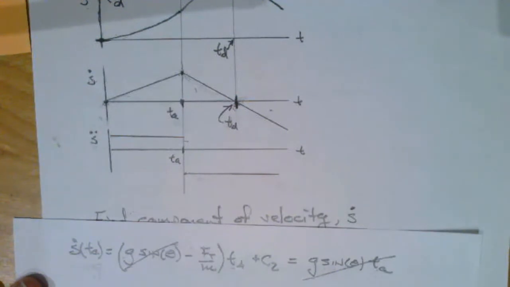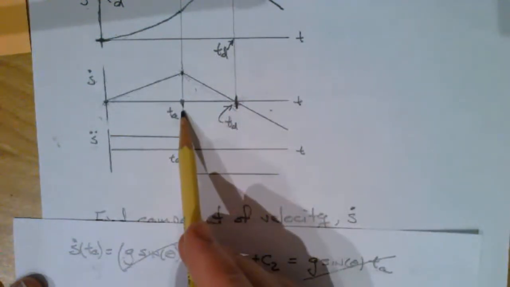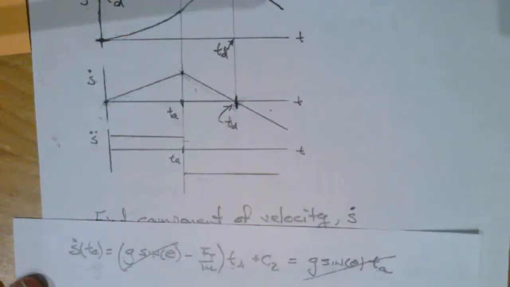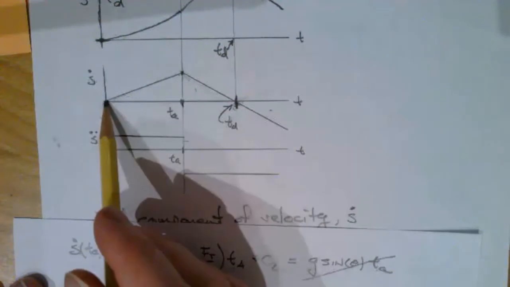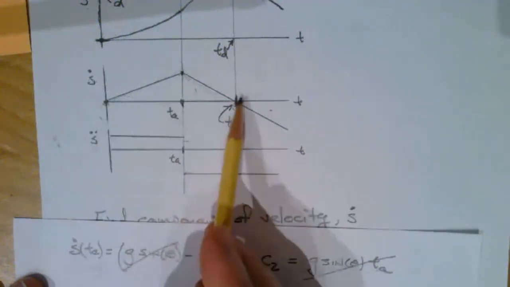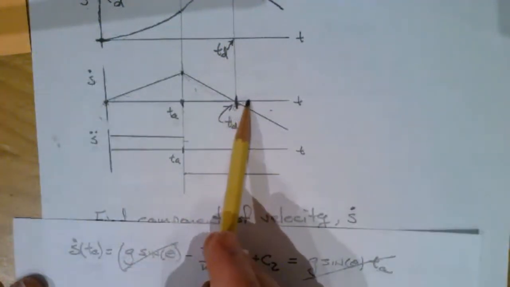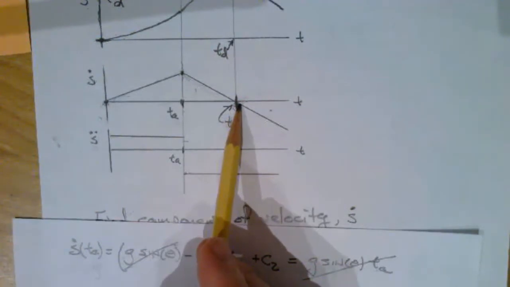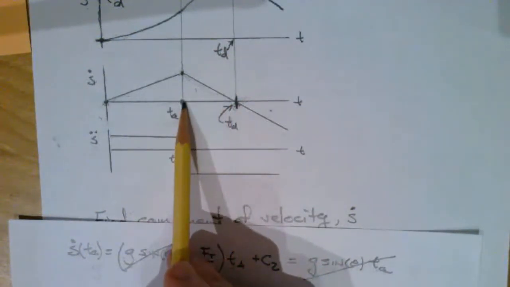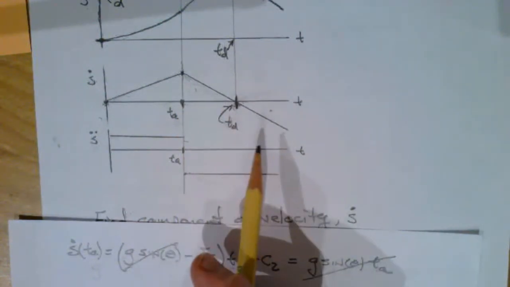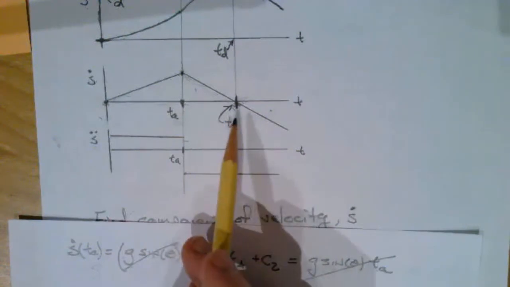And second of all, it better be a number that's bigger than TA, right? Otherwise, it wouldn't make sense. If we got a negative value of time for our answer, that wouldn't make sense. That means it would turn around before we even started. And it better be bigger than TA, because it means we better start turning around after we turn on the rocket thruster, right? So we need this TD to be bigger than TA, and we need it to be positive.